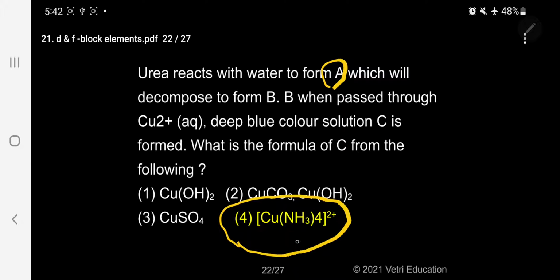It is converted into the corresponding complex, Cu(NH3)4 2 plus. That is the formula for C from the following. Okay. Kindly verify from the reaction framework book.